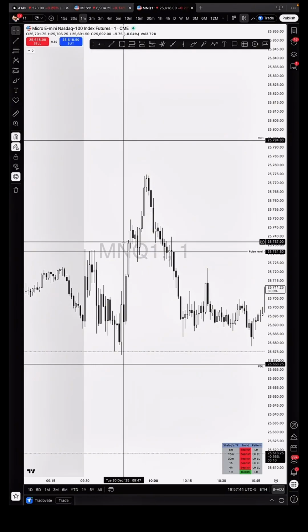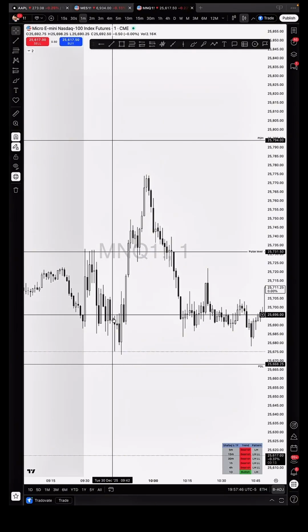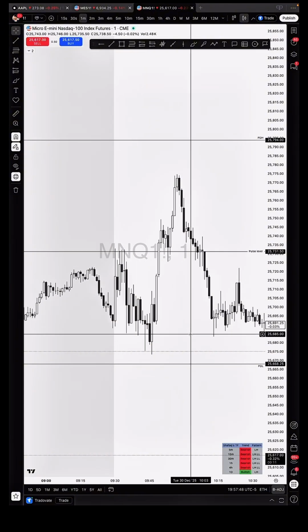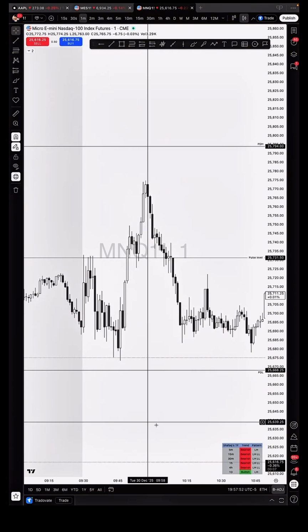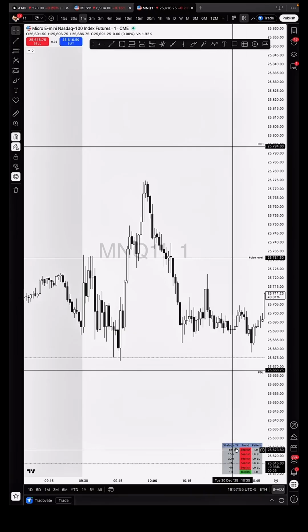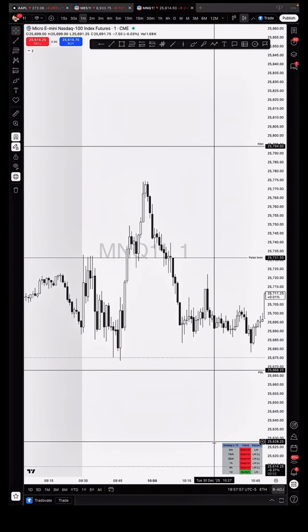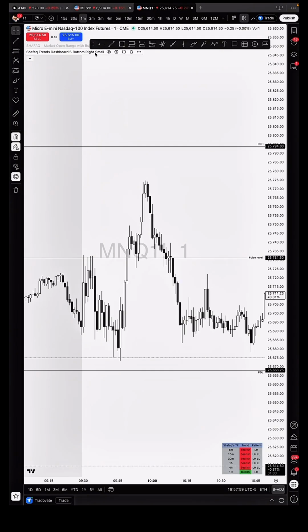For those of you who don't know what levels I'm looking for, because I will be posting this video on social media as well, there's an indicator that I've created which pretty much tells you the different time frames.